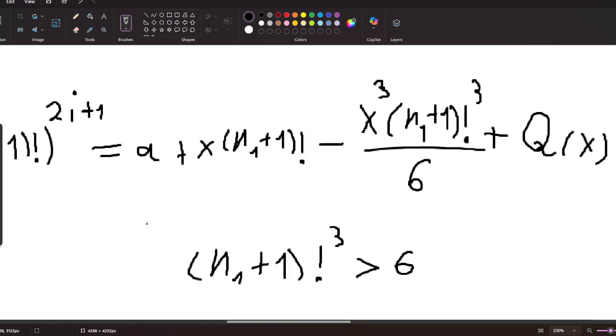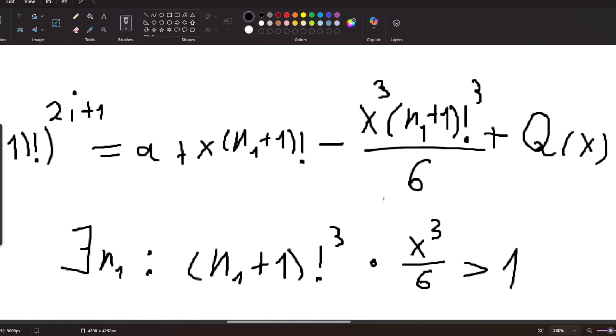In fact, we can pick it such that it's going to be greater than x cubed over 6. And even, in fact, we can pick it such that there exists an n1, such that this is going to be greater than 1.